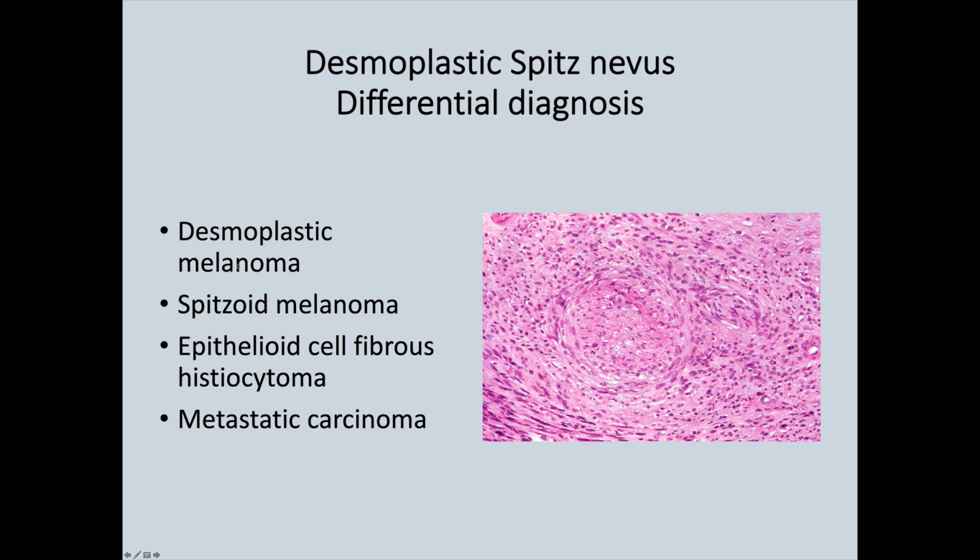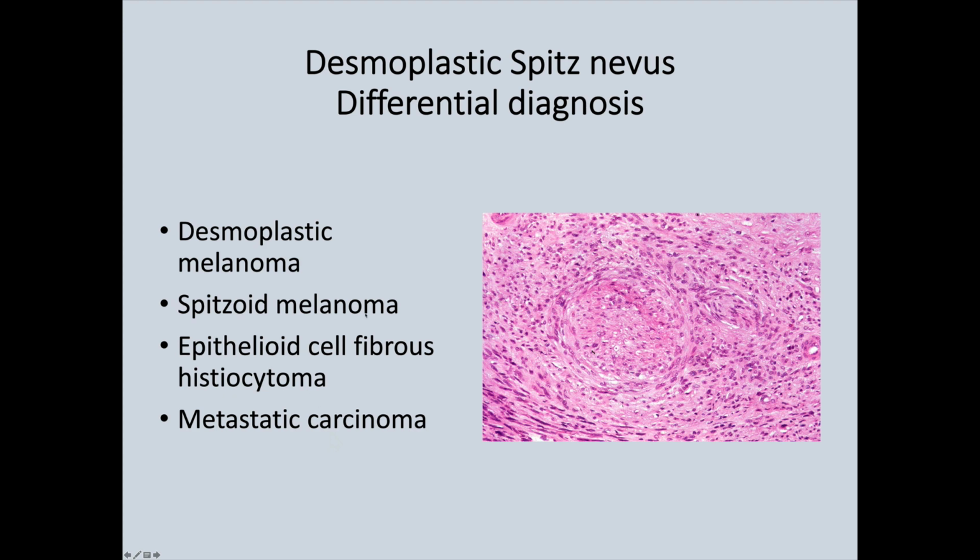Desmoplastic melanoma is really composed of hyperchromatic spindle cells, and nearly always shows lentigo maligna on top and perineural infiltration within the lesion. But I'll show you an example of that in a minute too. I mentioned metastatic carcinoma, but I think it would be very hard pushed to come up with that one.